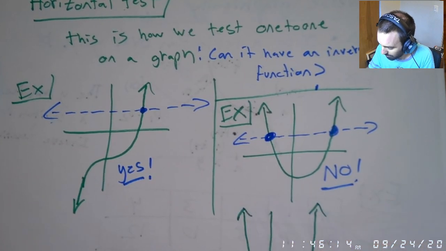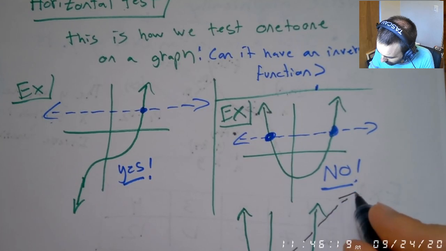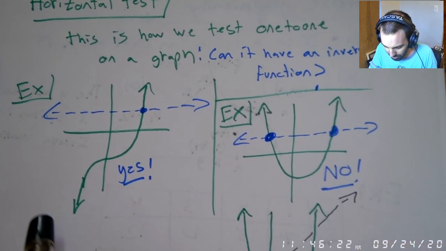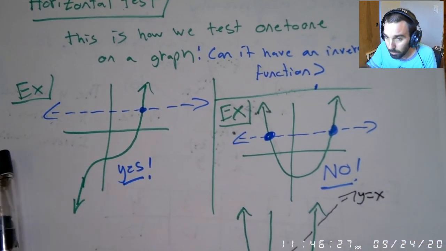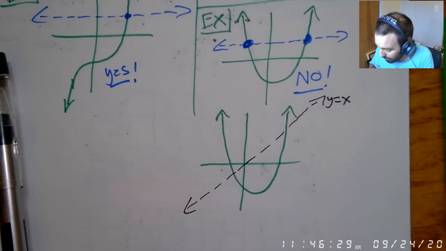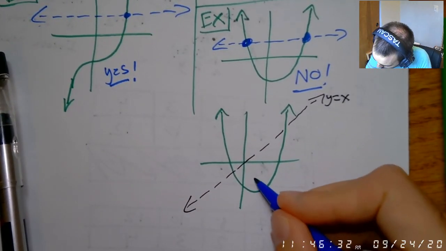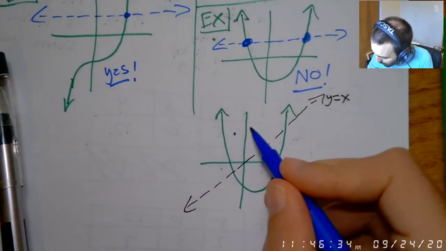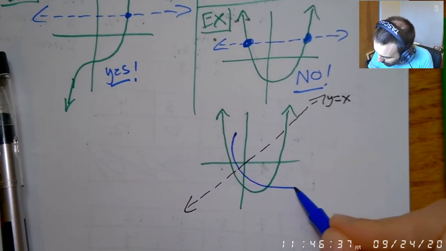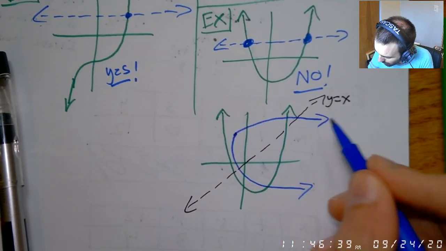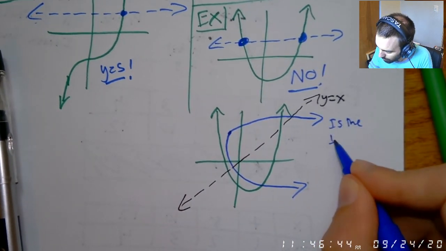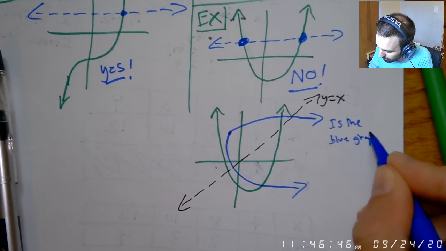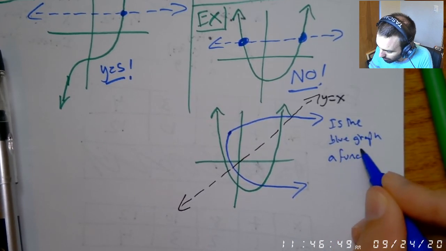Why did I make it so difficult? But this time I'm going to draw in y equals x, right? Okay, and then it looks like this. Is the blue graph a function?